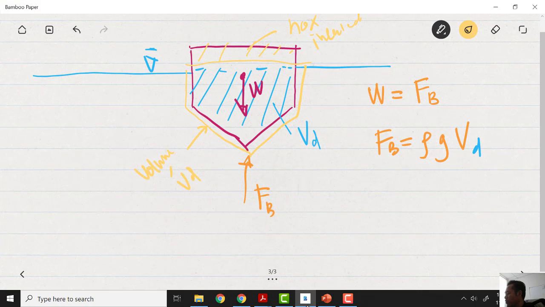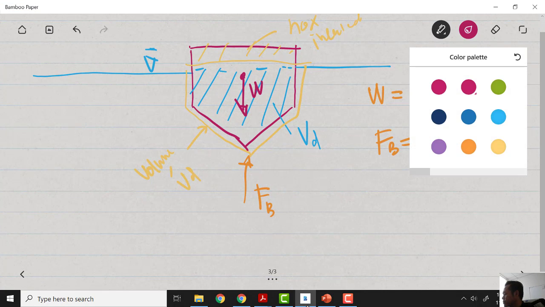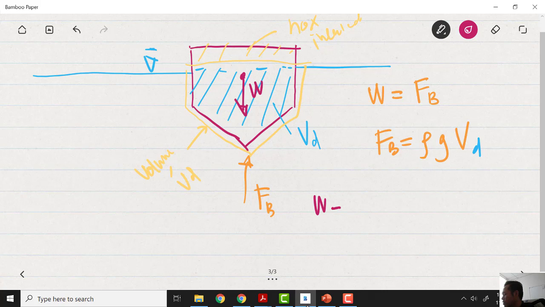So the weight of the entire body we can write as W equal to rho G V. Which V? The entire body, not VD but V. Here rho is the density of the body, G is the same, but V is different. D is displaced, while V here is the volume of the entire body.